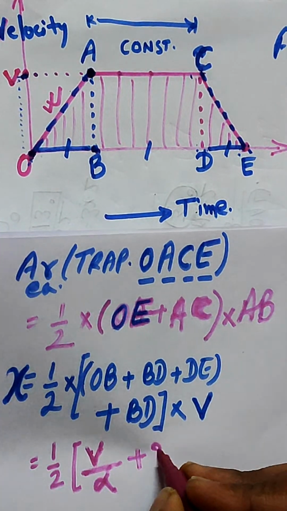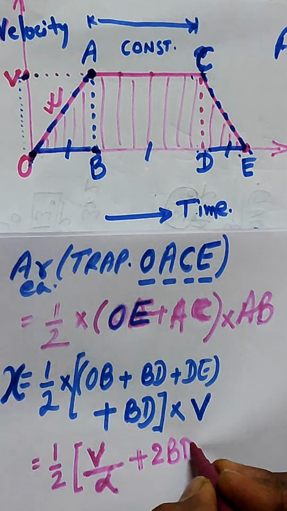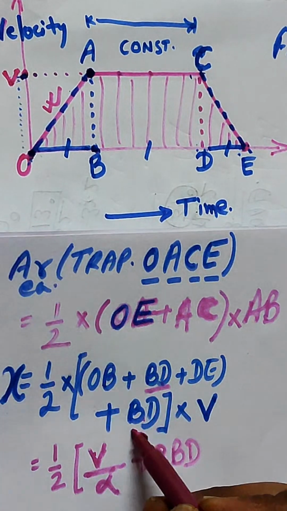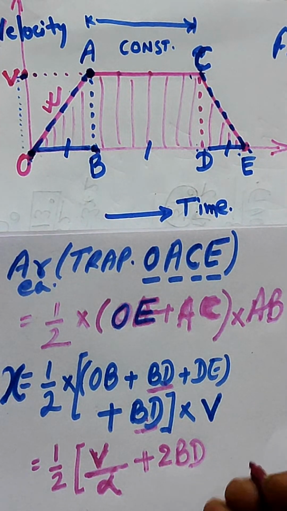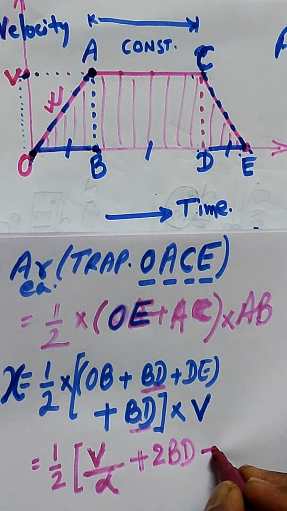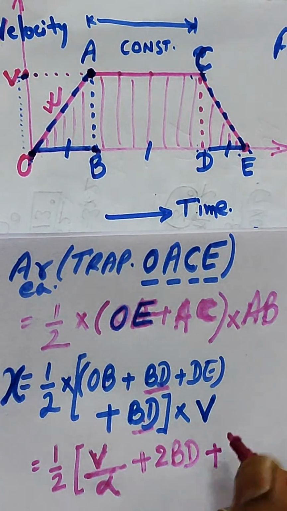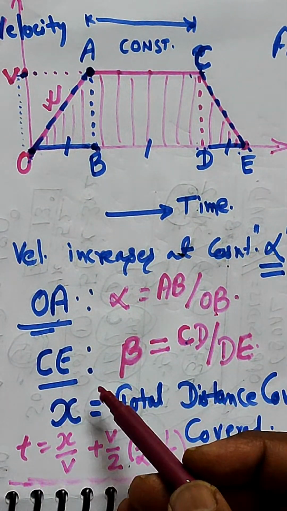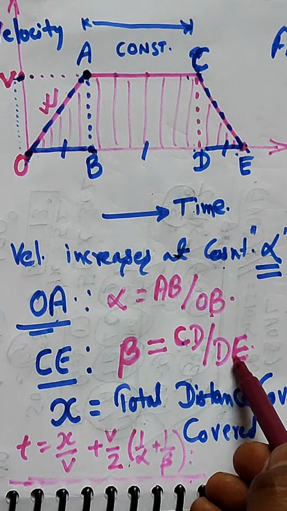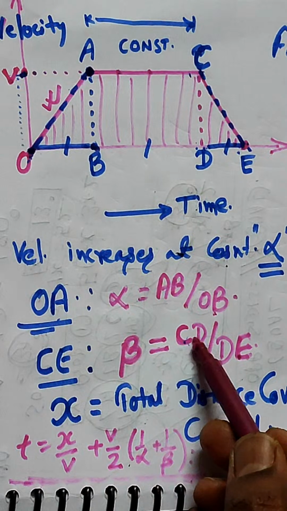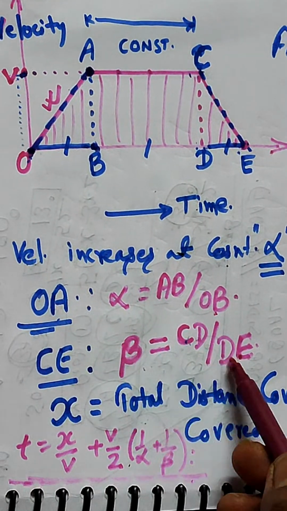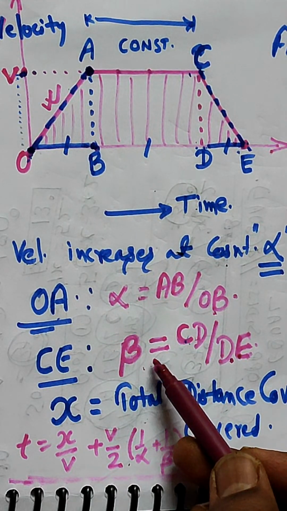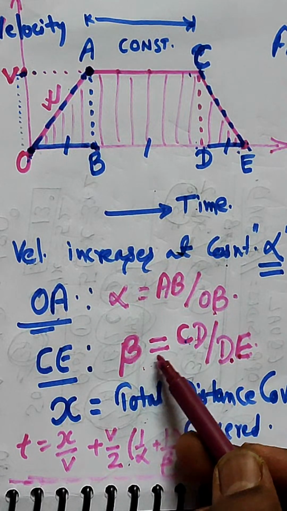This value of OB is given as V by alpha plus 2 times BD, right? This BD plus this BD, 2 times BD. Plus DE. From here, DE can be said as CD by beta. And what is the value of CD by beta?